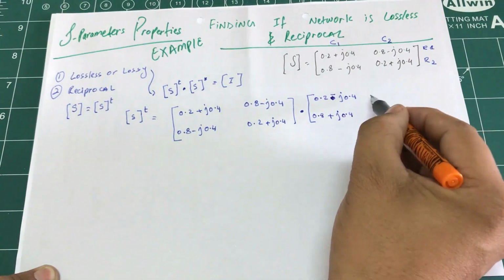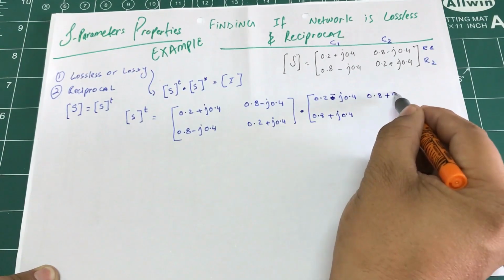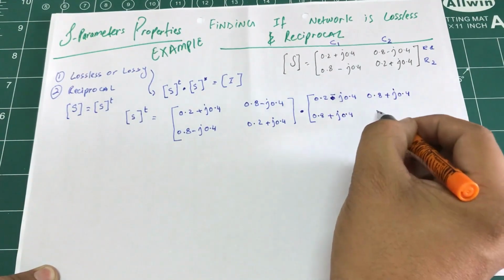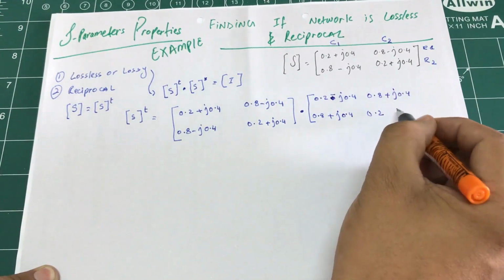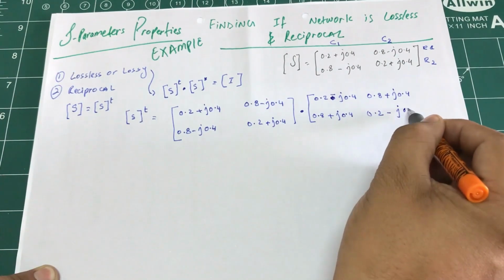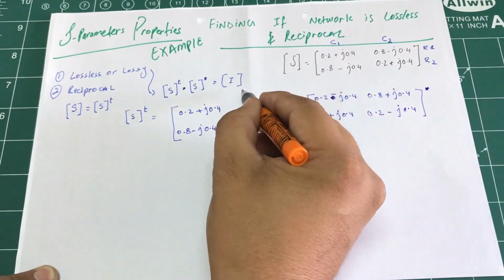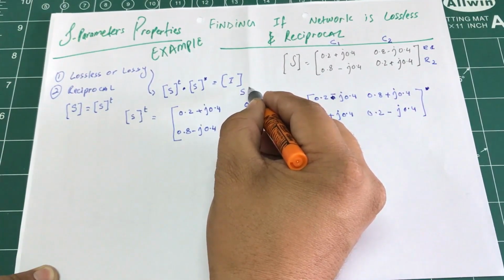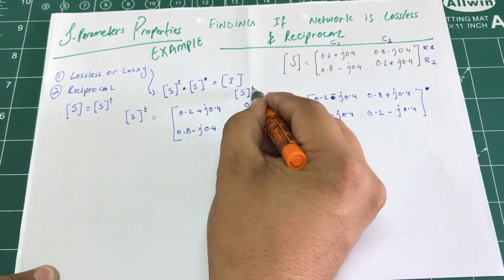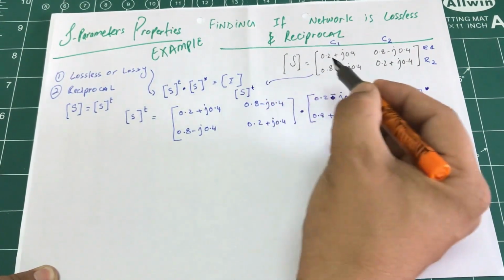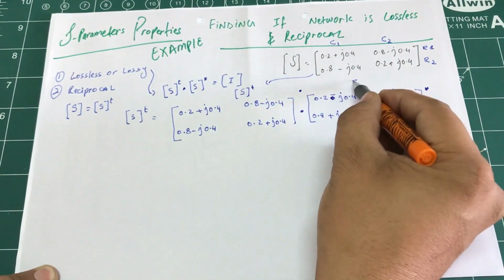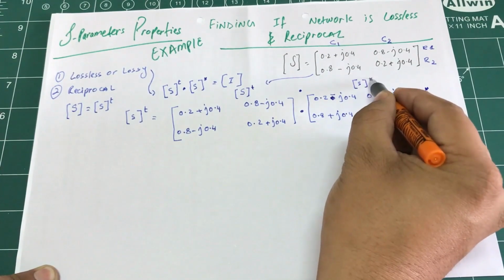All right, this would become 0.8 plus j 0.4, 0.2 minus j 0.4. So this is the conjugate. So this is the transpose of this matrix, dotted with the conjugate of this matrix.